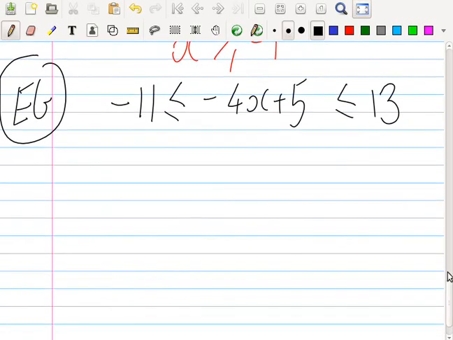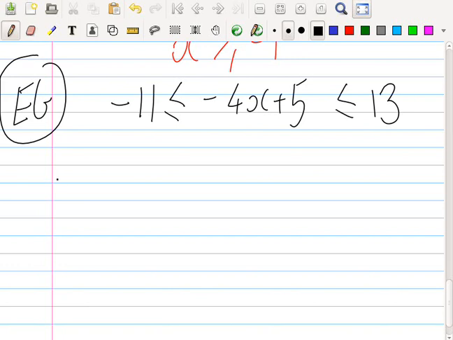Now, any ideas for this? If you want, you can separate this into 2 separate problems to solve separately. But it's okay, actually, if you keep it together as one. You just need to be very careful. I don't want this 5 here, right?